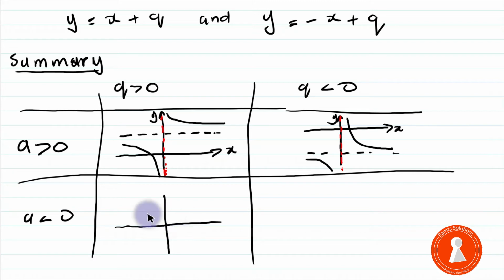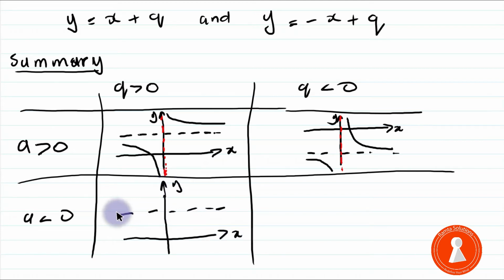So when Q is positive, you have something like this. So our graph would look like this. This is when A is negative, right? And Q is positive.